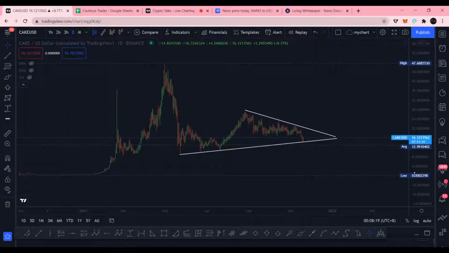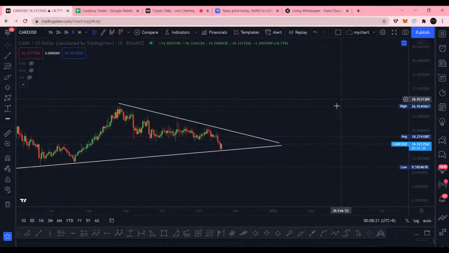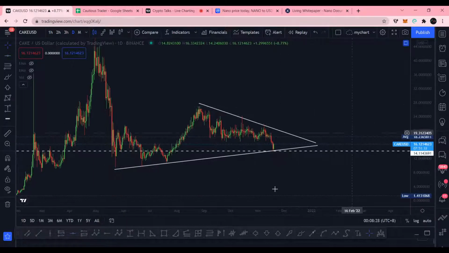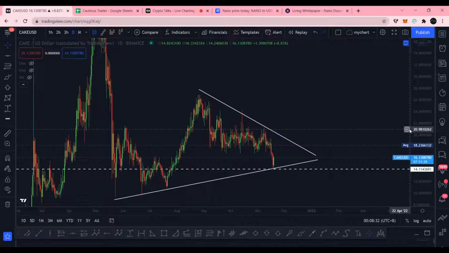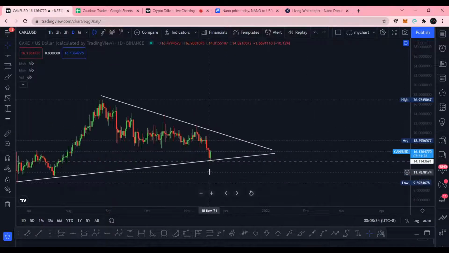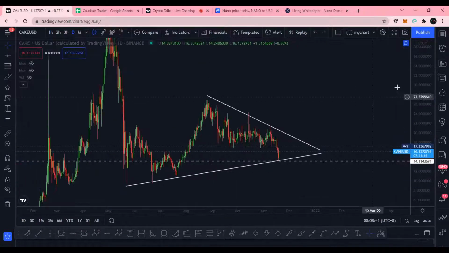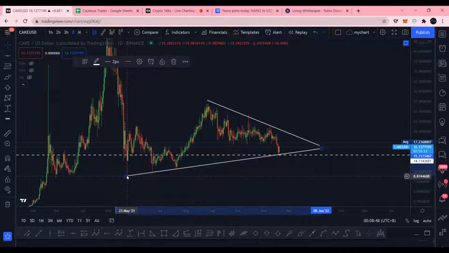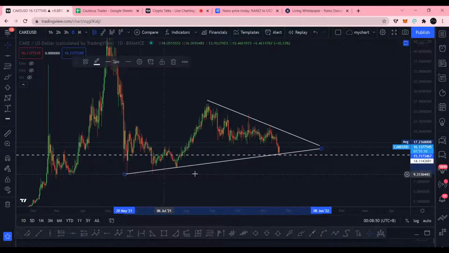Sayang, hindi natin nakita. I should have bought at support. The support I'm looking at is this area at $14.11. The low of this is 14.01, and this is 14.24. So the low is getting higher, and this is basically the support.